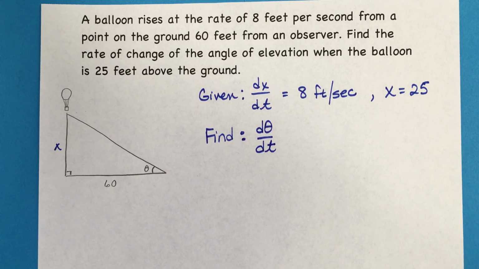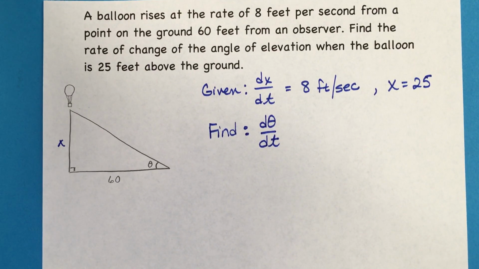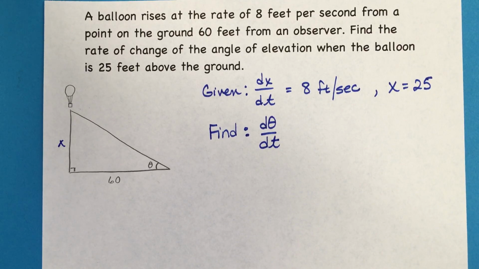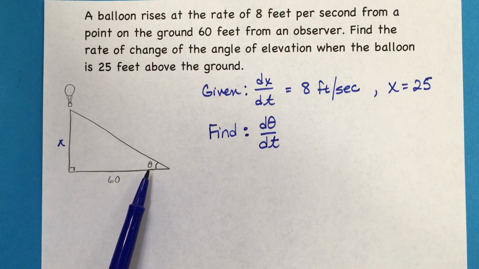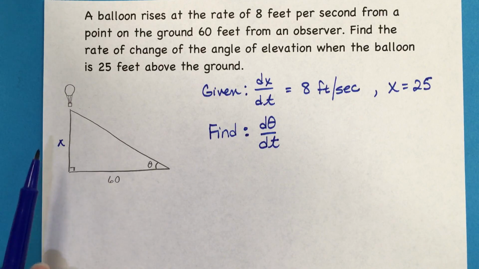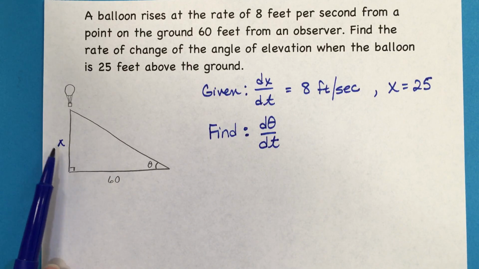Okay, now with your equation, since we're talking about the rate at which an angle is changing, this is going to involve using your trig functions and going back to opposite, adjacent, and hypotenuse. So from the angle that we're trying to get the rate of, I do have a value of 25.